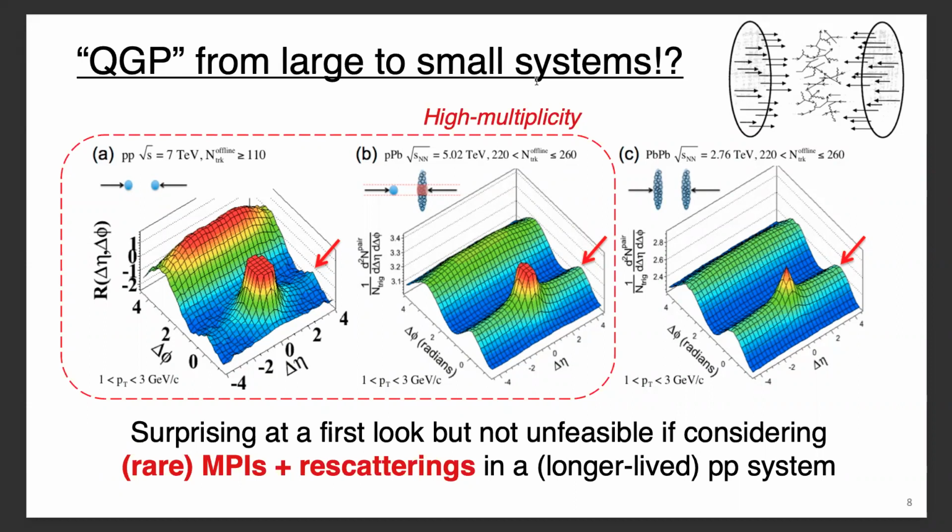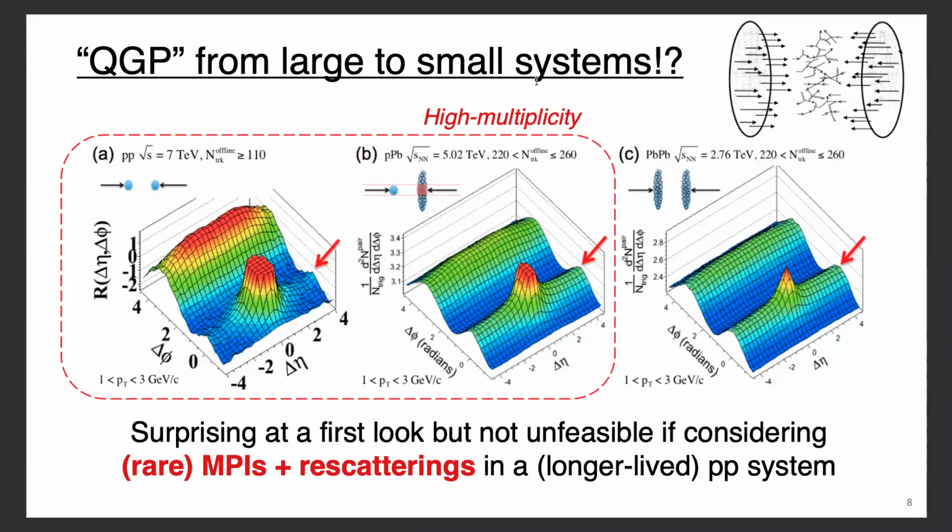Basically, if you put three systems side by side from small to large, we see a similar behavior. At first look this seems surprising, when you think about proton-proton collisions. The reason we collide heavy ions instead of proton-proton is to create a large system, so that we can see this macroscopic behavior. But it turns out we can actually see it all the way down to small systems.